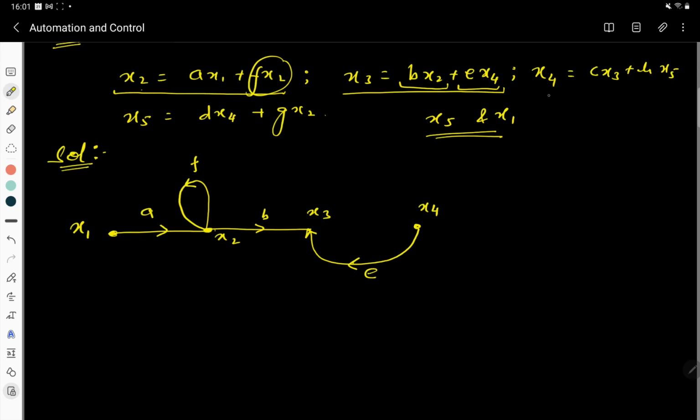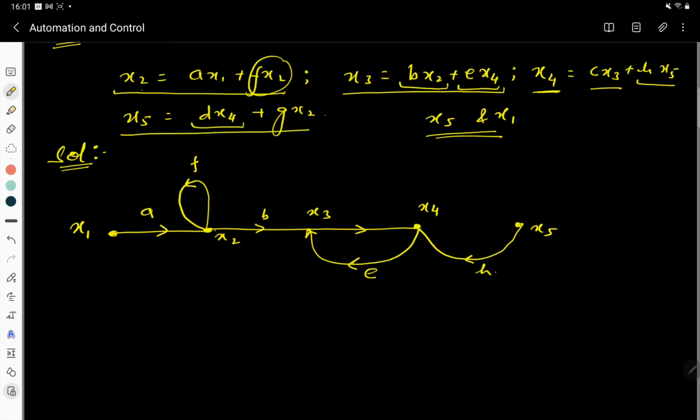Then let's consider x4. x4 is given as cx3, so the transmittance from x3 to x4 will be c, plus hx5. So there must be the node x5, from where there must be a closed loop coming over here whose transmittance should be h. Then consider x5 equal to dx4 plus gx2.